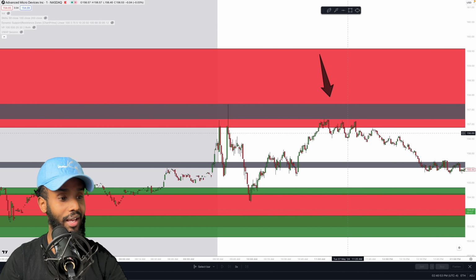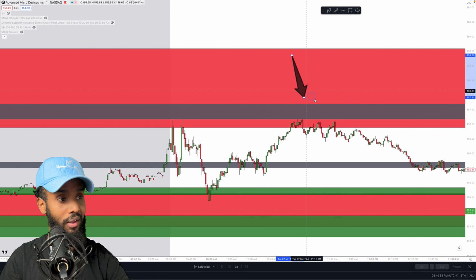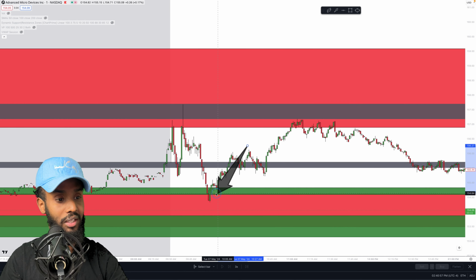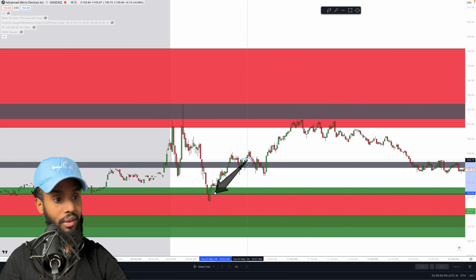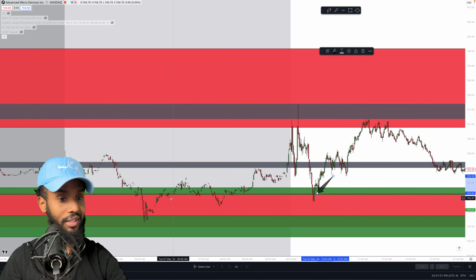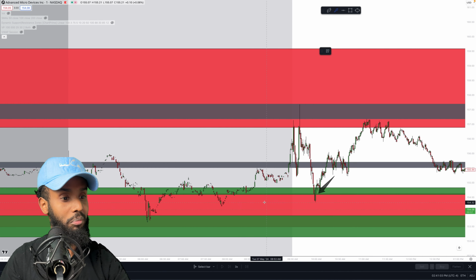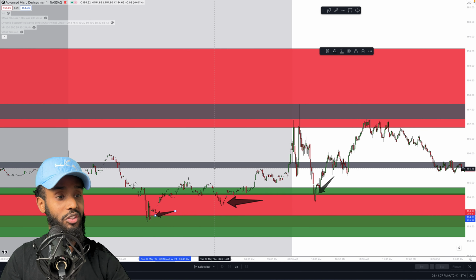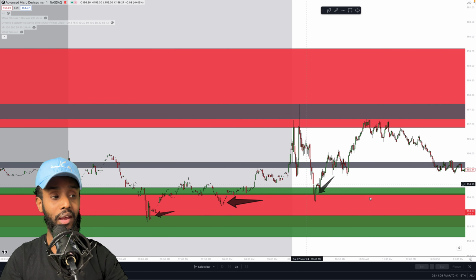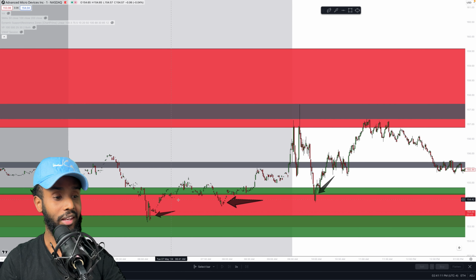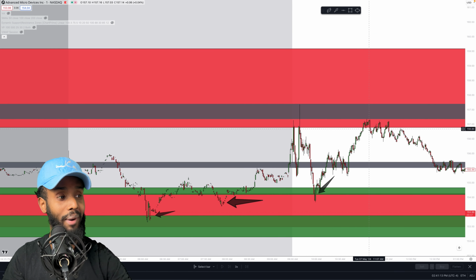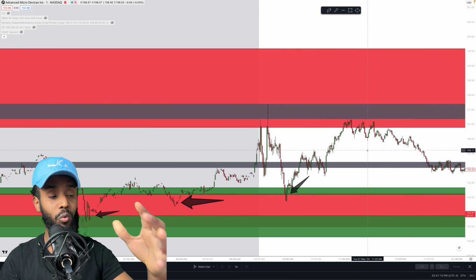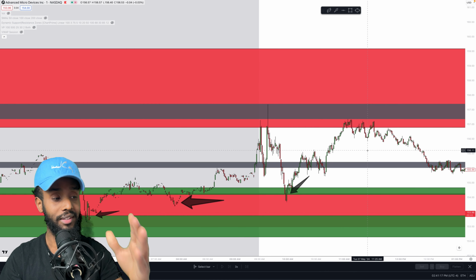I try to identify, okay, price came to this support level, and we look prior and see, have we been able to hold this support level? And if the answer is yes, then taking trades at this level for buys is a lower risk trade. It's a good trade to take.